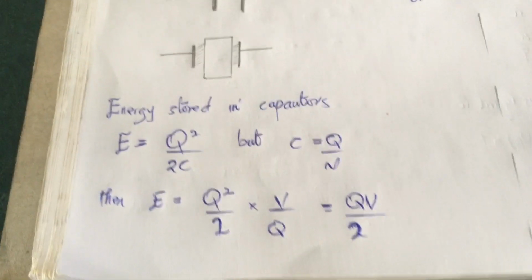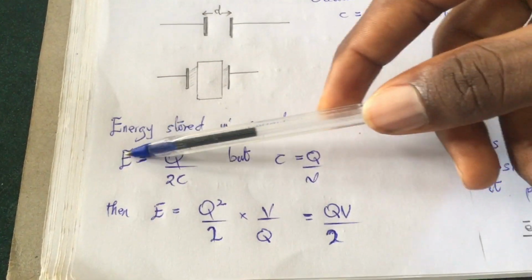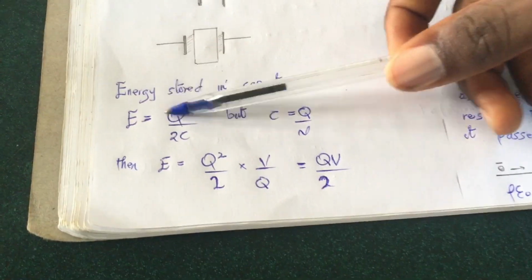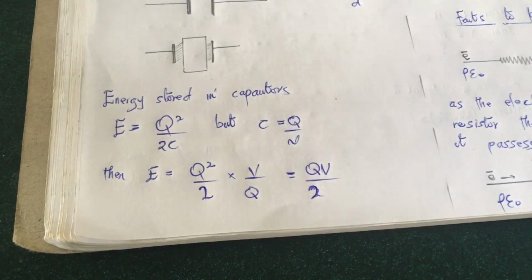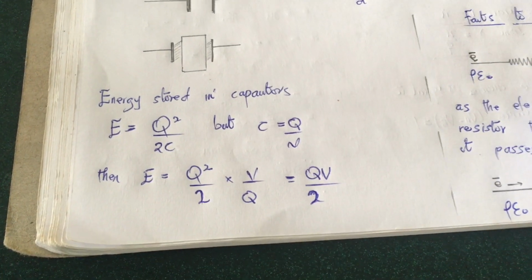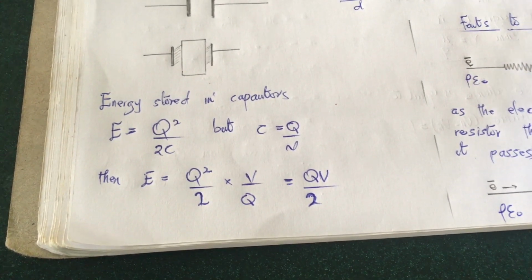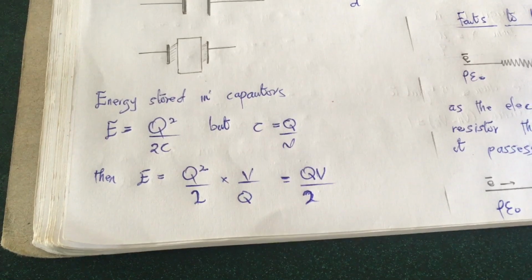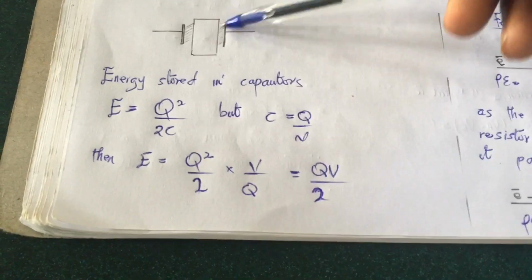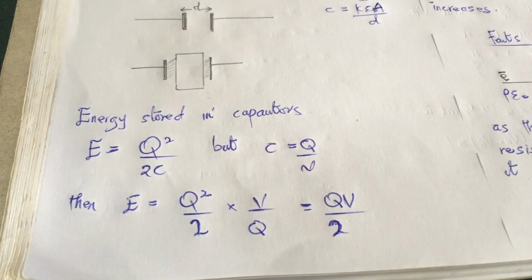As already stated earlier, this is our energy stored in the capacitor, and we can assign it this formula: E is equal to Q squared all over 2C. But from our previous formula that C is equal to Q over V, we can make Q the subject. So this is our energy stored in the capacitor.